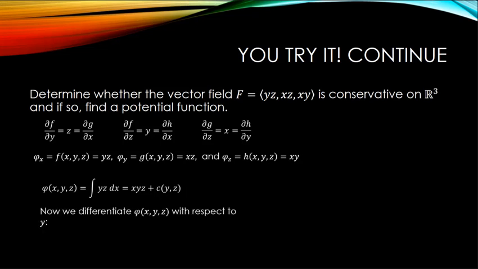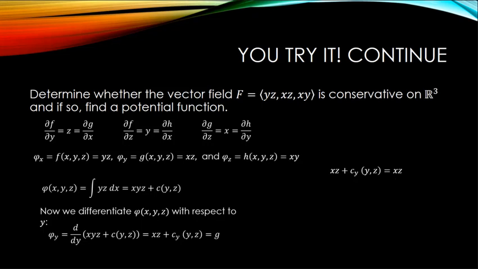Now I differentiate my phi of xyz with respect to y. And I get the partial of phi with respect to y is equal to d by dy of the quantity xyz plus c of yz, which is equal to xz plus the derivative of c with respect to y, and this is equal to g. I'm going to set those equal to each other. xz plus the derivative of c with respect to y is equal to xz.